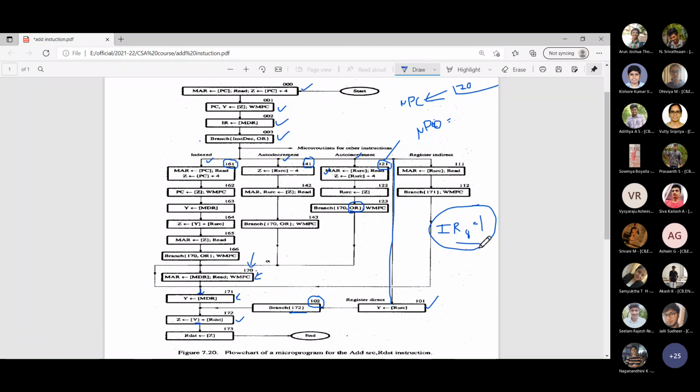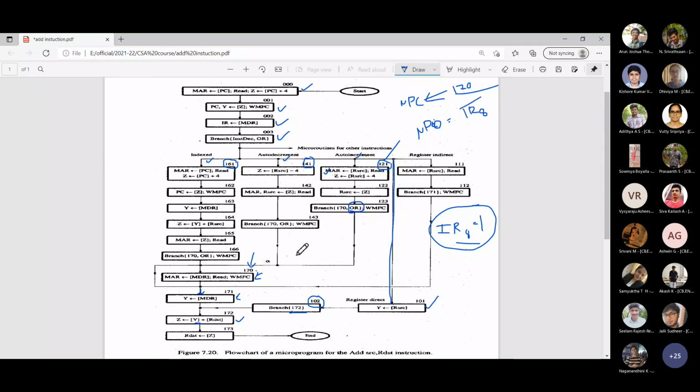Based on the 8th bit in the instruction register, if it is direct, you should load 1. If it is indirect, you should load 0. Can I directly connect it to the 0th bit? We can use a NOT operation. Yes, so it should be IR8 bar. So in mu PC 0, you should load IR8 bar.